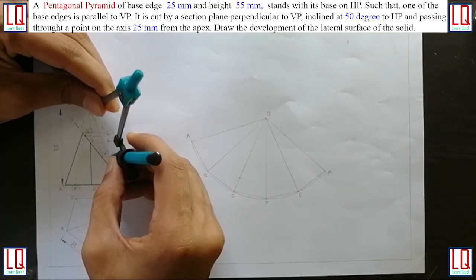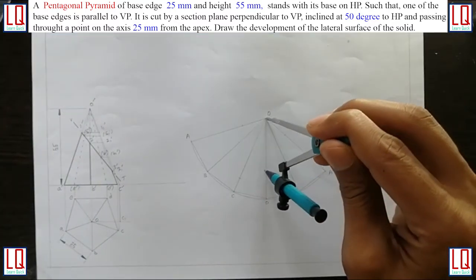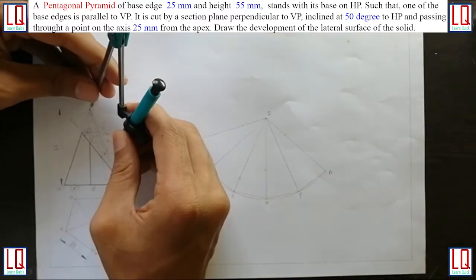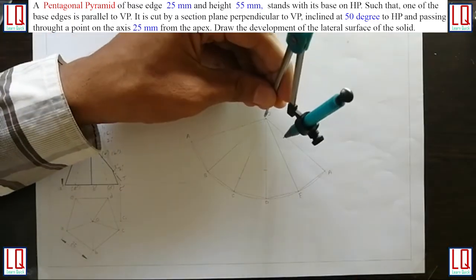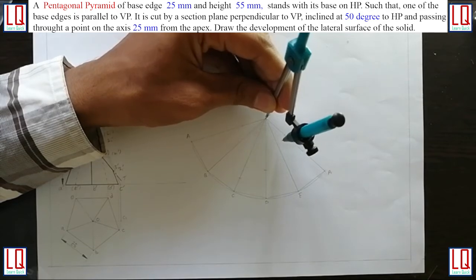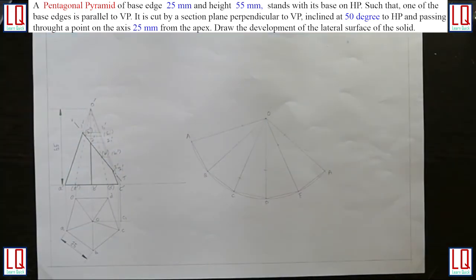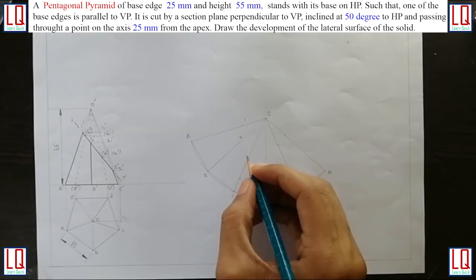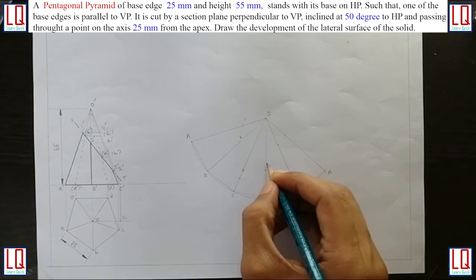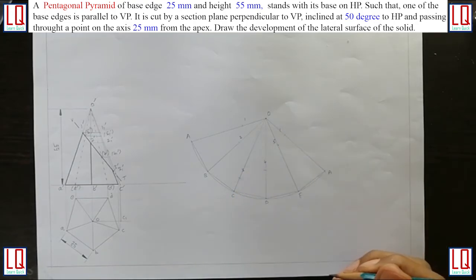Then 4 1 dash belongs to edge OD, this is my 4. And then 5 dash belongs to edge OE, we'll mark it here. Now I will quickly name these as 1, 2, 3, 4, 5 and again 1.